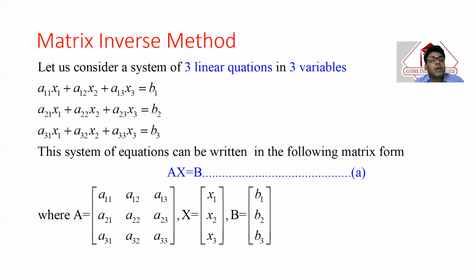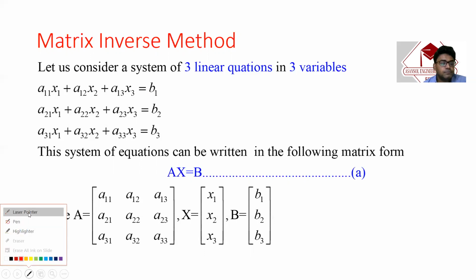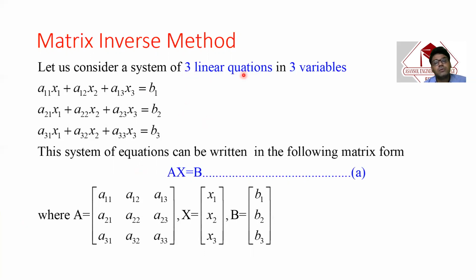Matrix inverse method. Let us consider a system of 3 linear equations in 3 variables. Why is it called linear? In this system of equations there are 3 variables, x1, x2, x3. Sometimes you can see x, y, z also, or any other variable.